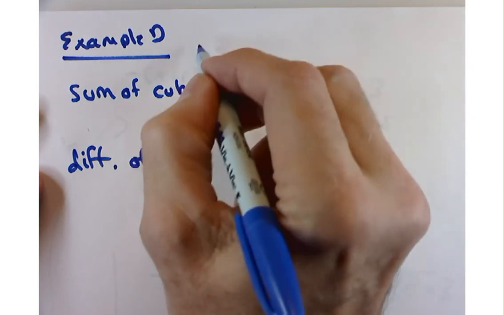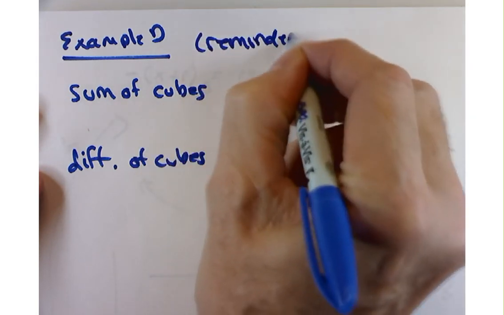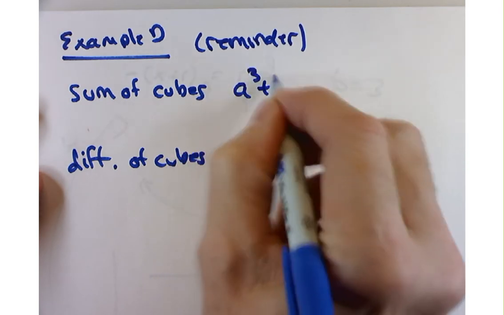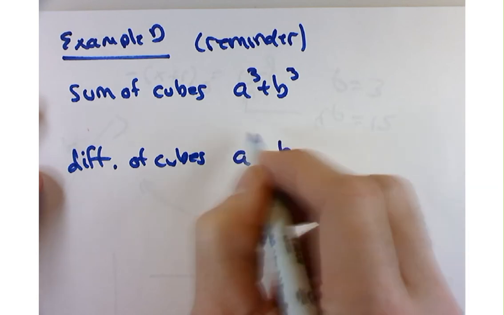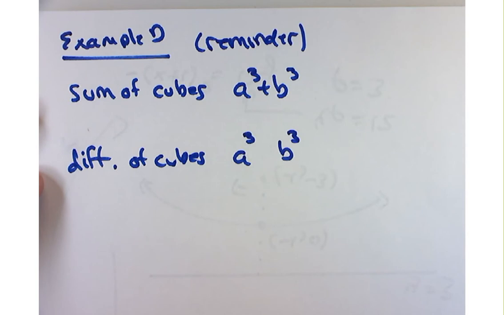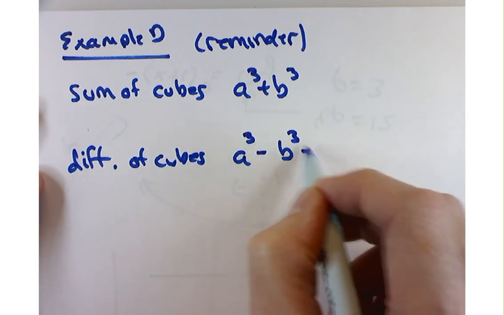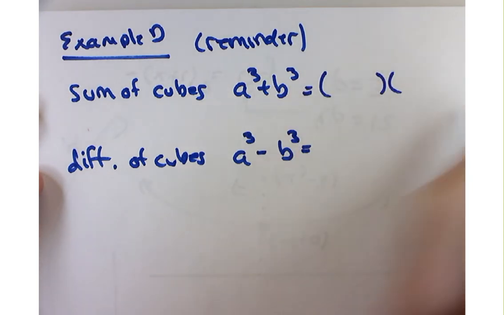So this is just a reminder. Sum of cubes would be something like this: a cubed plus b cubed. Difference of cubes would be kind of the same, a cubed and b cubed, except what's going to go in between here? A minus. Now in both cases, you're going to get a binomial times a trinomial.